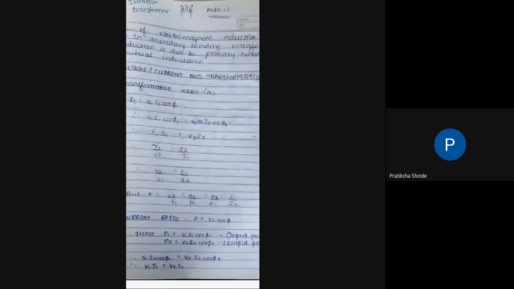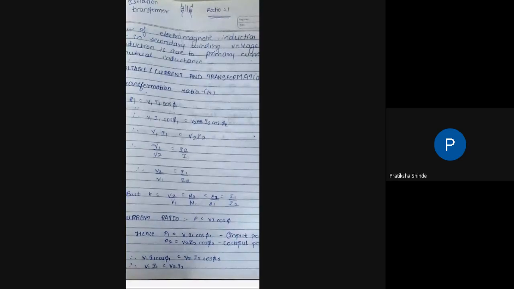Similarly, we can write the equation for power P2 at the secondary side. P2 is equals to V2 I2 cos phi 2. Now the power at the primary side and secondary side is always equal, so P1 is equals to P2.